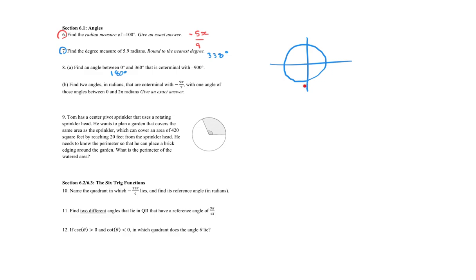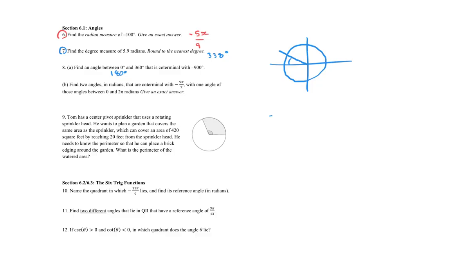So you come over here around, so that's negative pi, and you go a little bit more, so somewhere around here. So you can imagine that this angle is something like that. It's going to be coterminal if I go all the way around 360 degrees. So that's one way that we can do this.